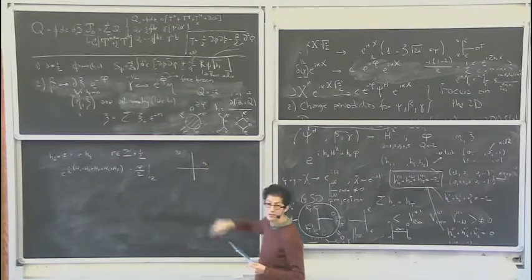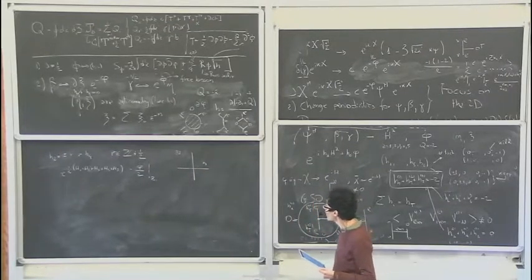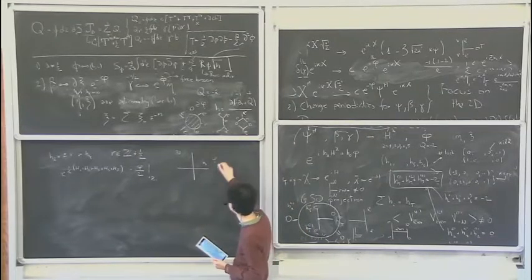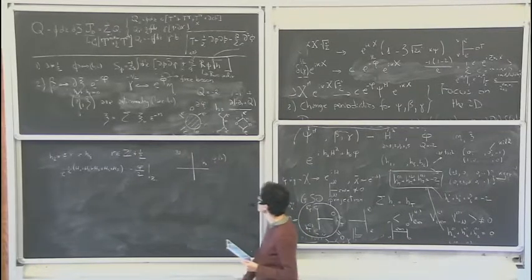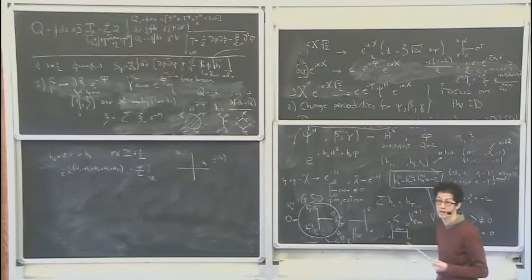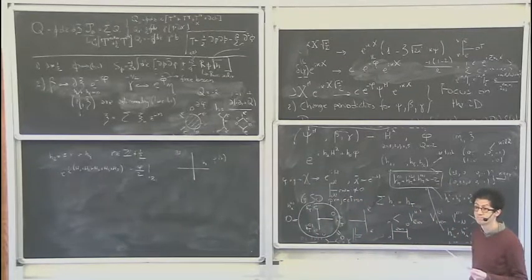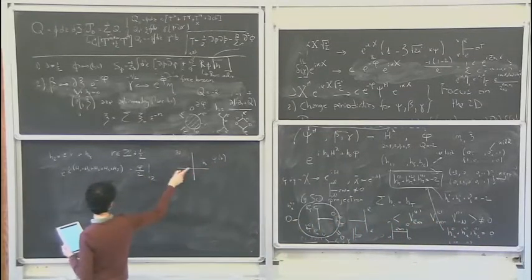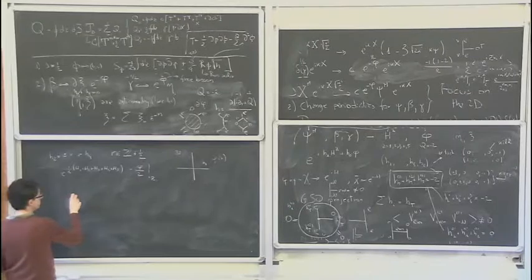Right. That state is inserted there. And now you take a fundamental field, psi, and you insert this psi somewhere else. Now you can calculate the OPE between these two objects.